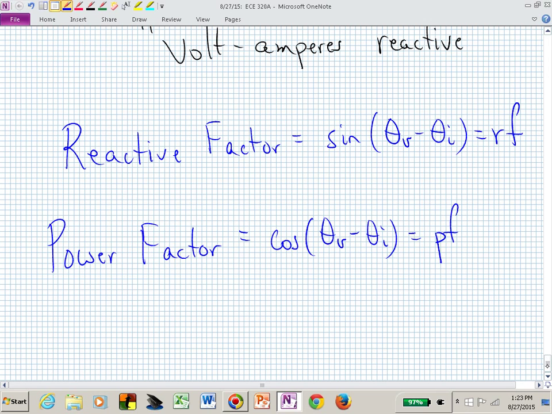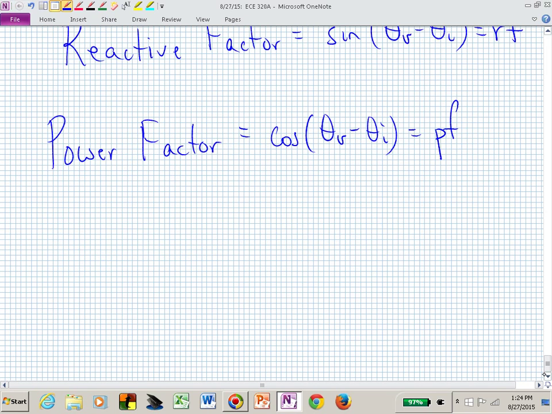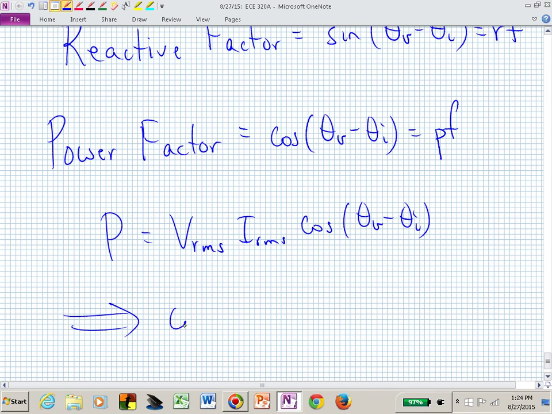And if we go back to our power formula, that was V RMS I RMS cosine theta sub V minus theta sub I. If we solve that for the cosine, then that's cosine of theta sub V minus theta sub I, and that's now P over V RMS I RMS.